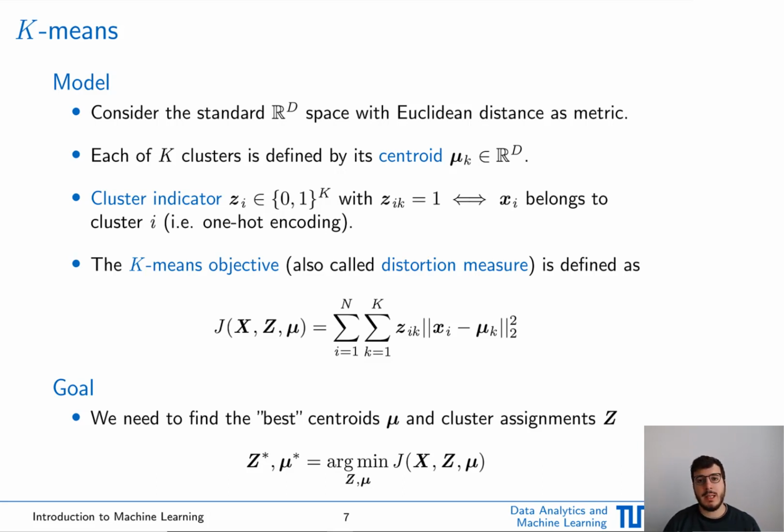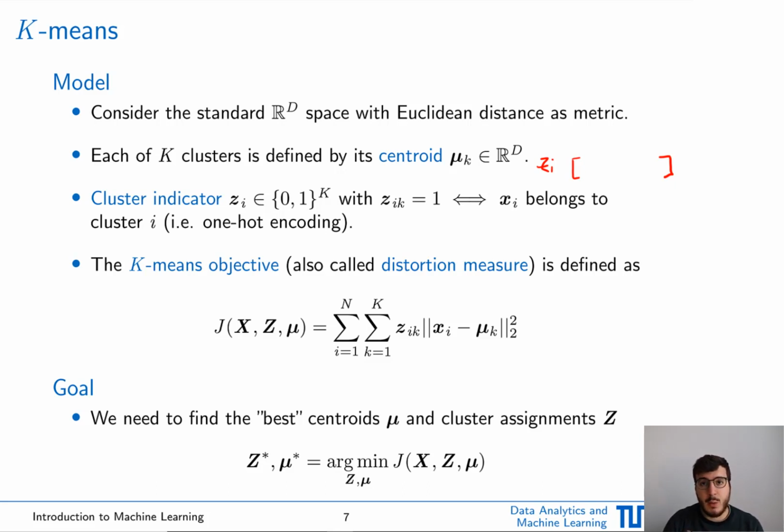Okay, so in k-means, we have two sets of parameters that we optimize over: the cluster indicators and the cluster centroids. The cluster indicators tell us which instance belongs to which cluster, and these are one-hot vectors. For example, the cluster indicator for data point i, z_i, will be a k-dimensional one-hot vector, and it is k-dimensional because we want to cluster the data into k different clusters.